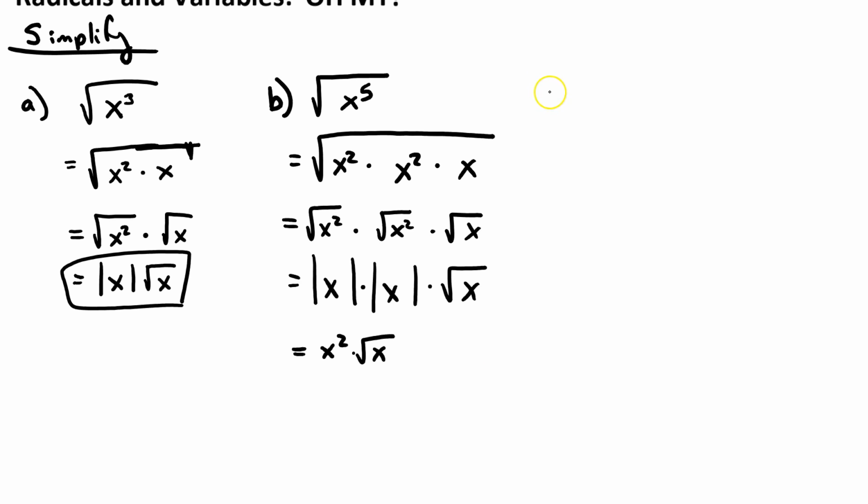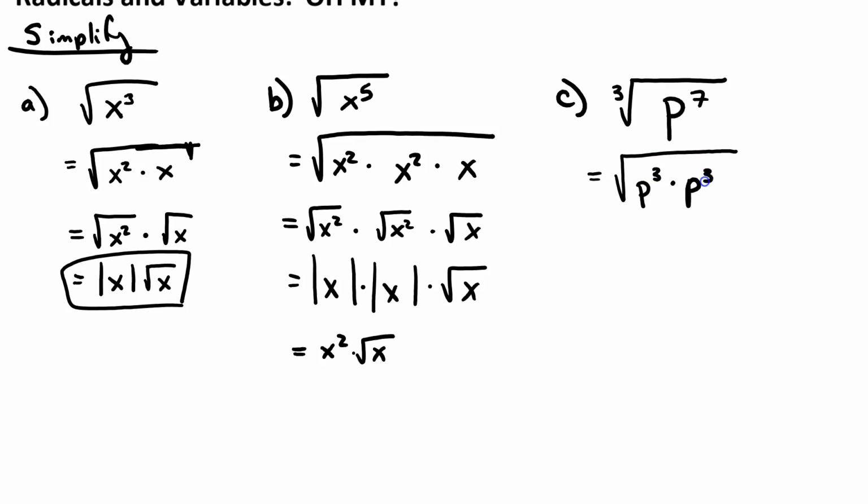What if we have cubed roots, and I'm looking at the cubed root of p to the power of 7? I'm just going to break it up into sections that are digestible with cubed roots. So I'm going to say p to the 3 times p to the 3 times p, because 3 plus 3 plus 1, which is the implied exponent here, gives me p to the 7.